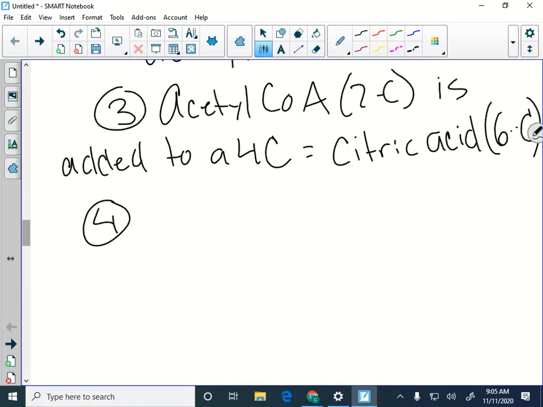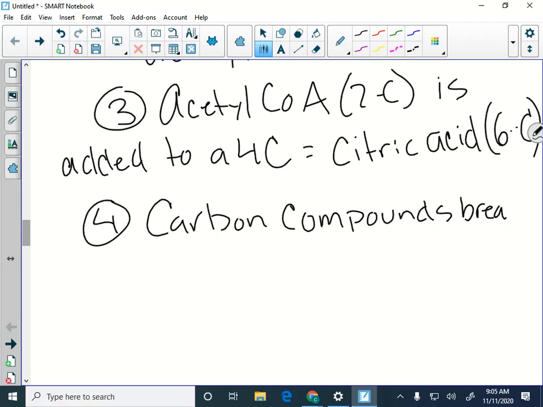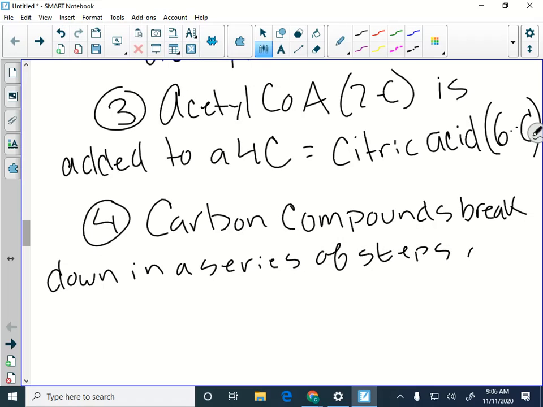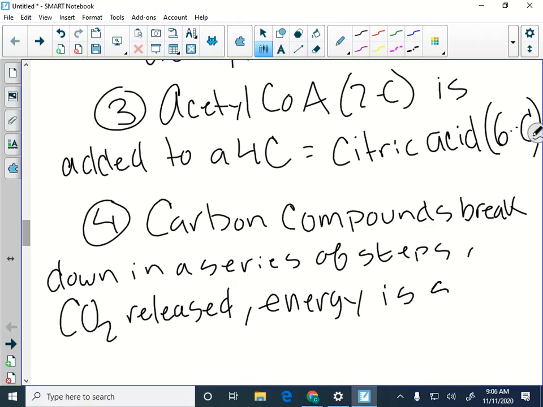Now our carbon compounds are going to get broken down. Carbon compounds break down in a series of steps. CO2 is going to be released. That's where our carbon goes when we break down a carbon compound. Our energy is going to be stored temporarily.